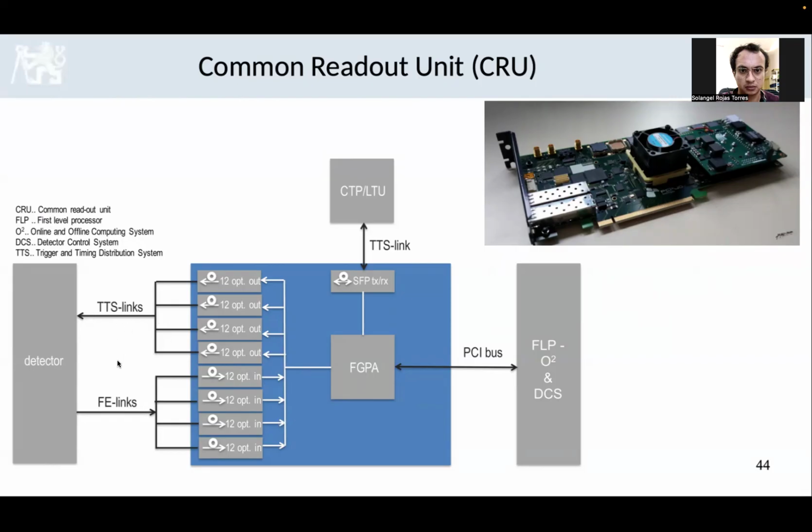So here you have information going from the CRU to the detector, and from the detector to the CRU, back and forth, but the main information is from the detector to the common readout unit, so you get all the information from the detector. And here you have some processing that sends to the O2 for processing or to the CTP to take decisions.